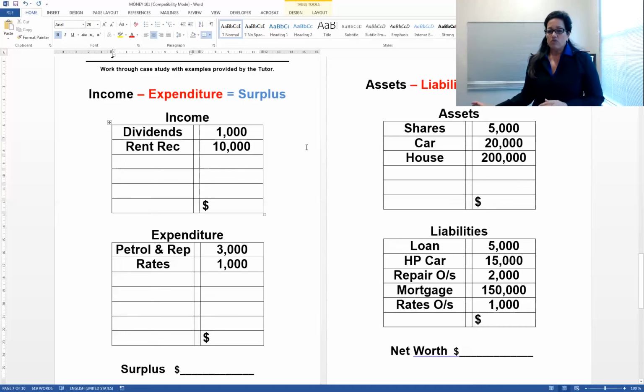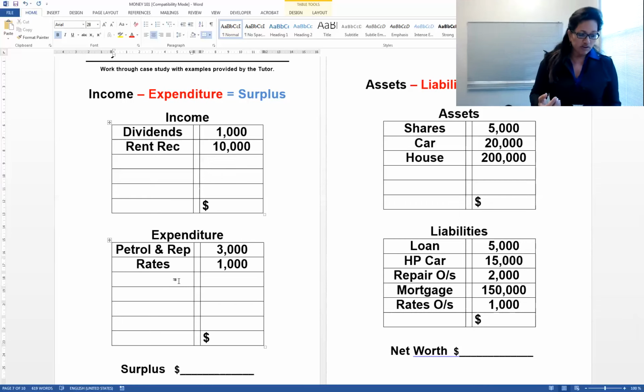Given that she's not living in Waihi and she's renting it out, she also knows that she has to be paying rent for where she lives in Auckland. And Auckland's a little bit more expensive, as you all know. So she needs to recognise on her piece of paper here her cost of renting in Auckland. The cost she's worked out renting in Auckland is $25,000.